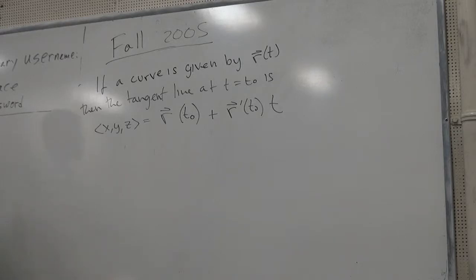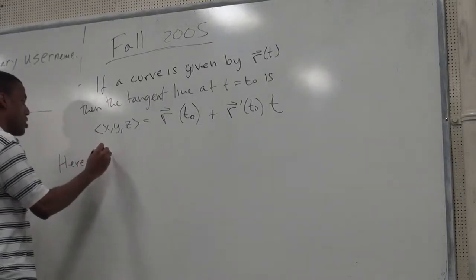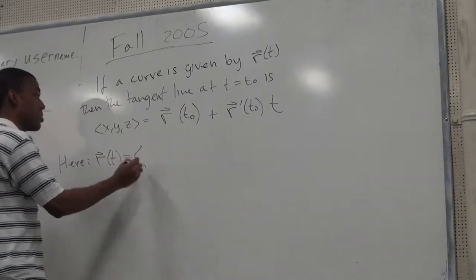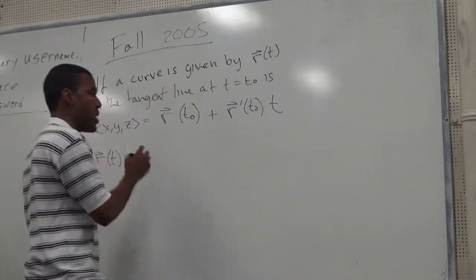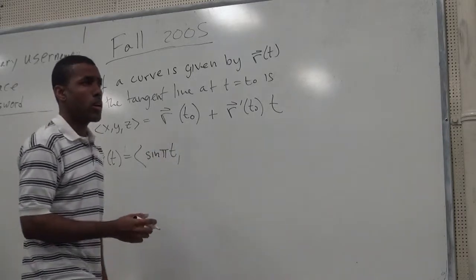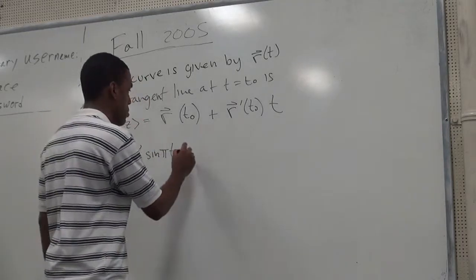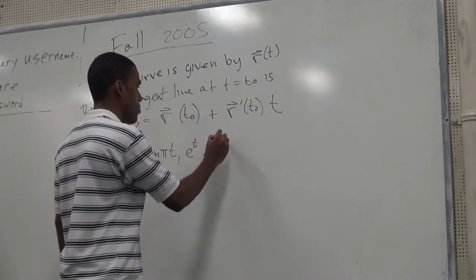Okay, so here what are we told? Here, r is equal to sine of pi t, e to the t, and e to the minus t.